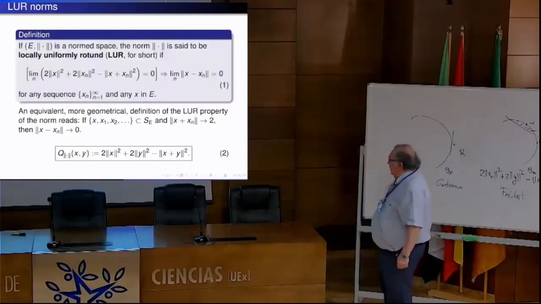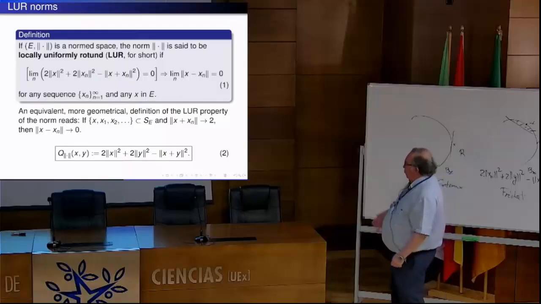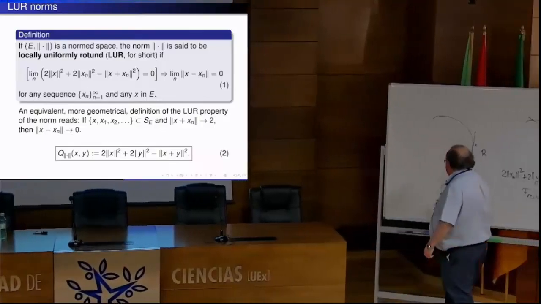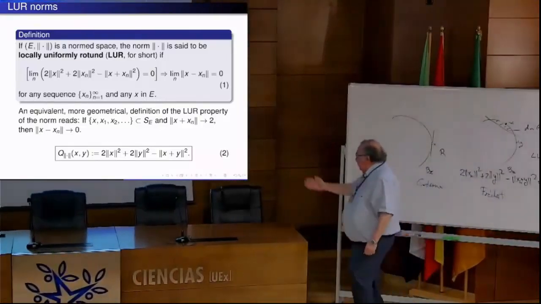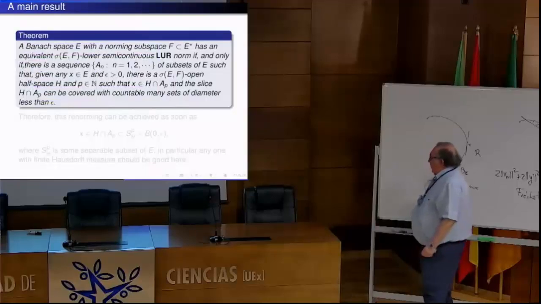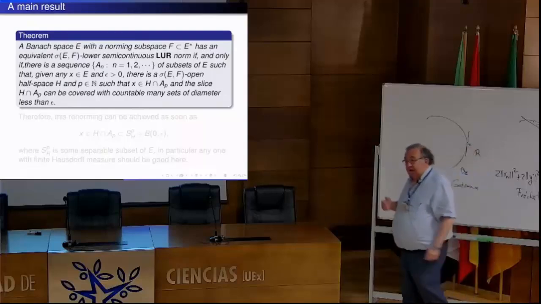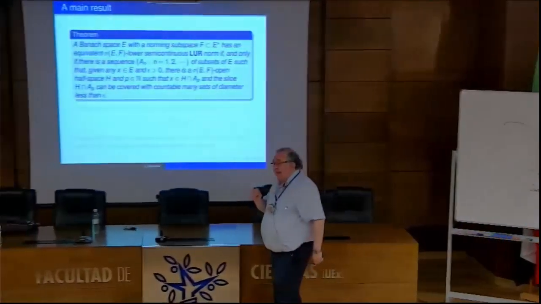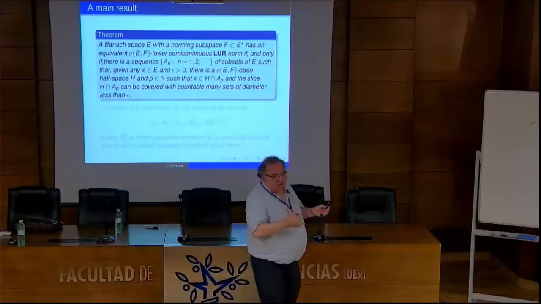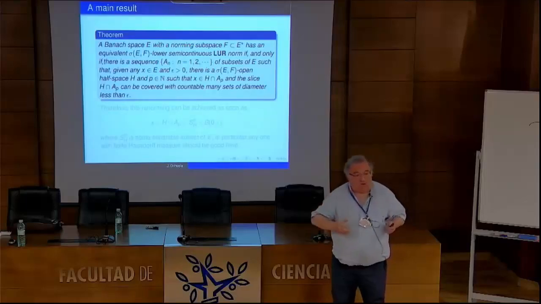Okay. The definition of locally uniformly rotund norm is as I said, and the important thing is to analyze this quadratic form. The main result: if I'm renorming a space, nothing happens, but if I'm renorming a dual space, then I'd like to know if the norm is dual.